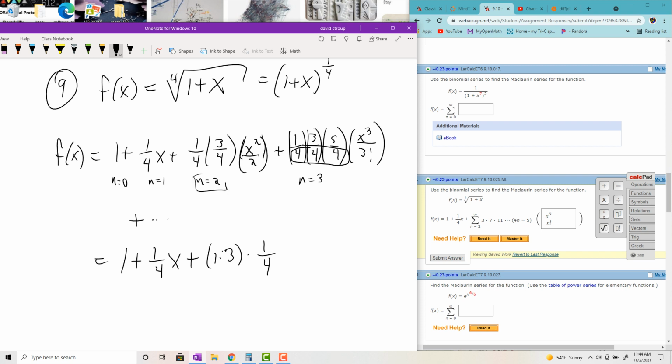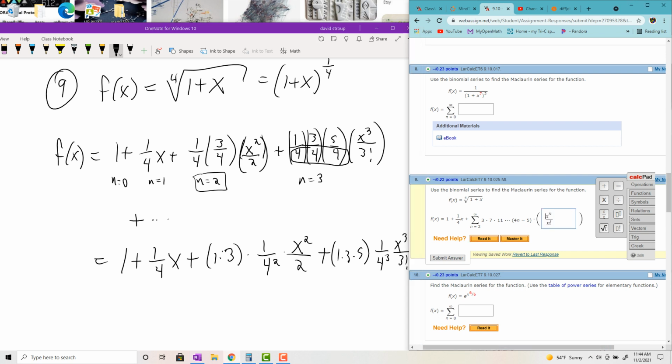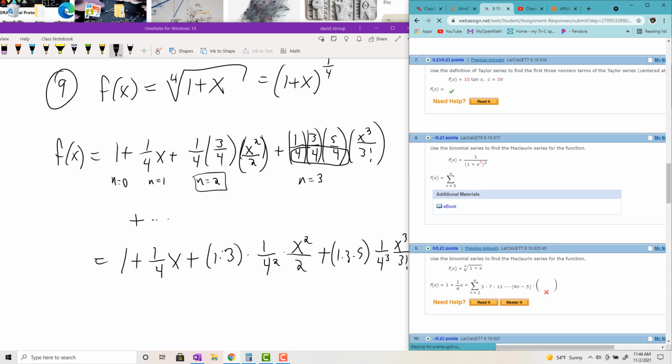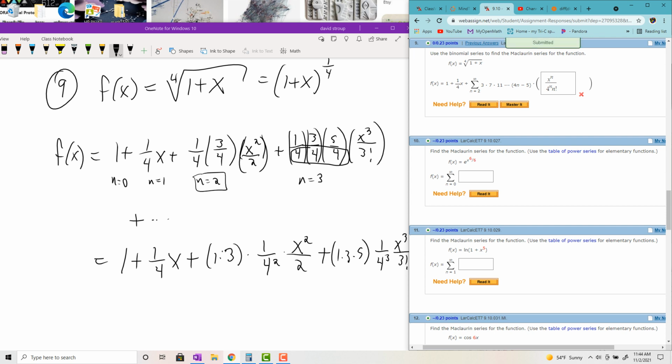When n is 2, it's 4 squared. When n is 3, it's 4 cubed. Times x to the second power all over 2. So I need that 4 to the n. The next term would be 1 times 3 times 5 times 1 all over 4 cubed times x cubed over 3 factorial, and on. So I lost my 4 to the n in the denominator. 4 to the n. Okay. Uh-oh.